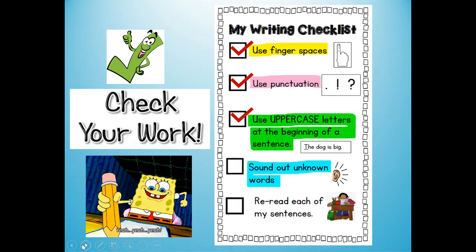And did you sound out unknown words, words that you didn't already know how to spell? And then finally, my favorite, did you reread your retell? Did you reread each of your sentences? All right. If you need to, push pause and make sure that you've followed this checklist. And then when you're ready, push play again.